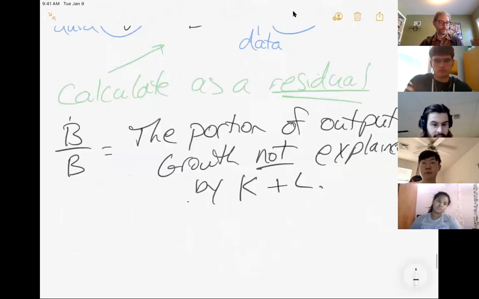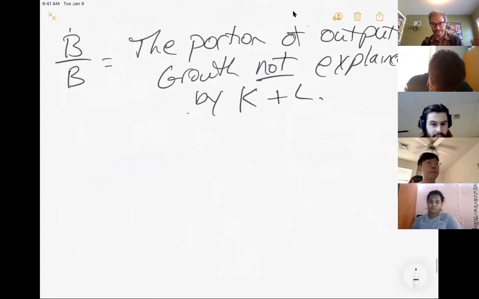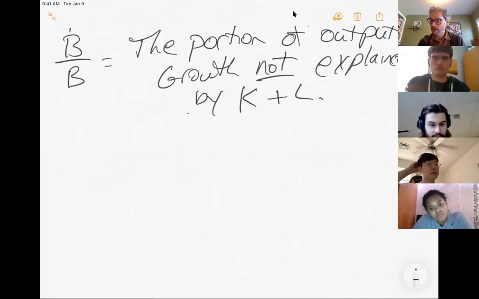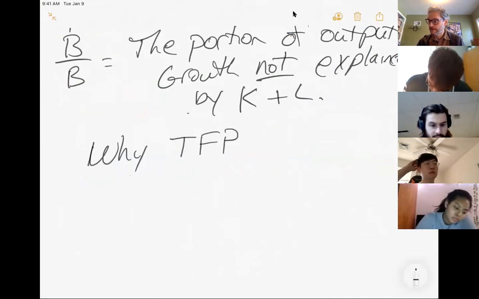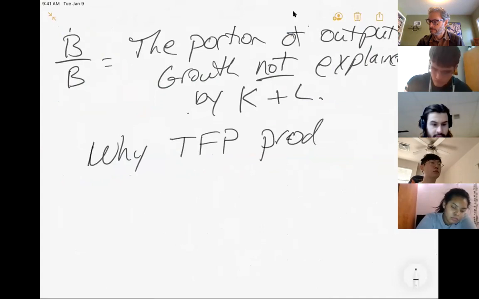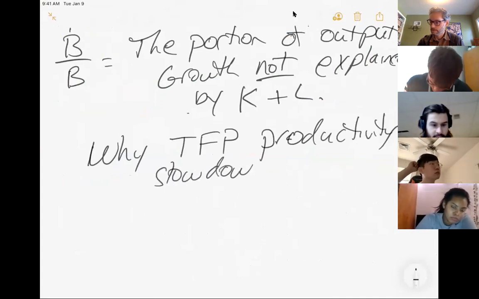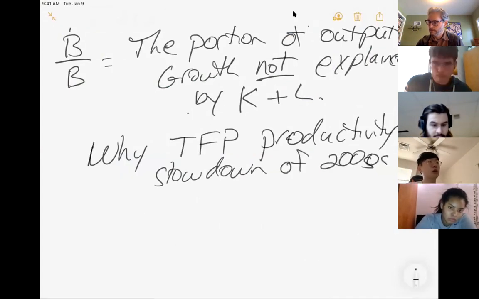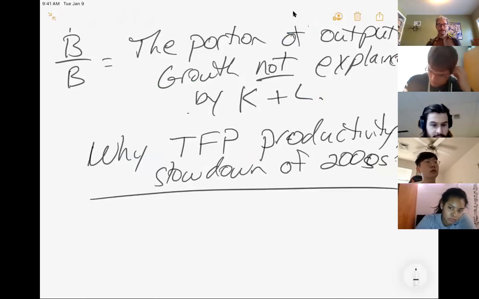In fact, if this is a topic that interests you, you can find lots of interesting research of economists trying to figure out why total factor productivity slowed down. Trying to understand that. But as I said, we don't really quite understand.